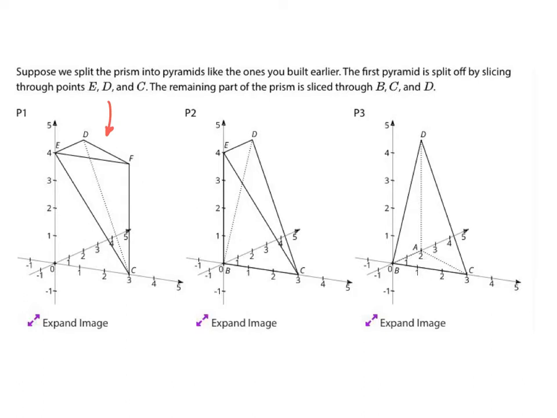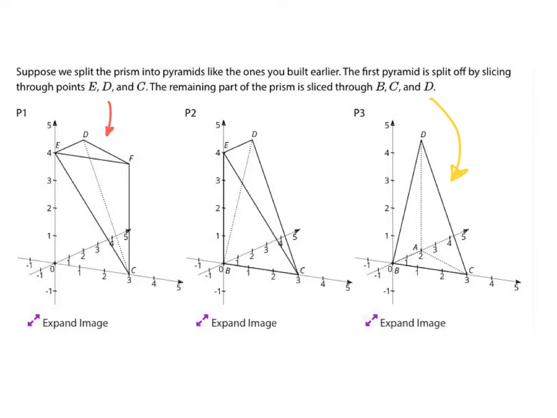Oh no, that's this one. So they've sliced the pyramids into pieces. We went from the previous slide, which was a triangular prism, into 3 pyramids. You realize we went from a triangular prism to 3 pyramids.